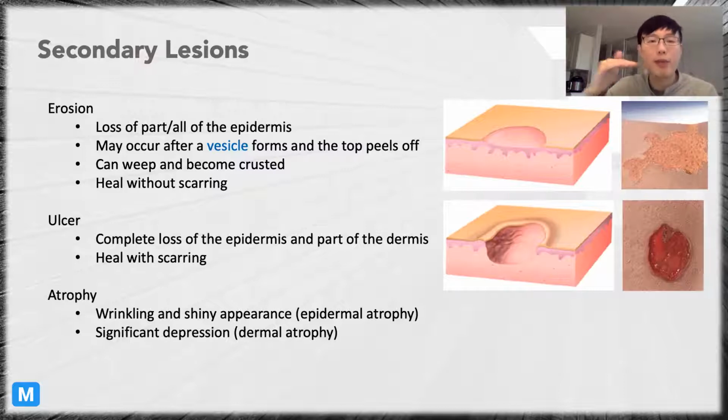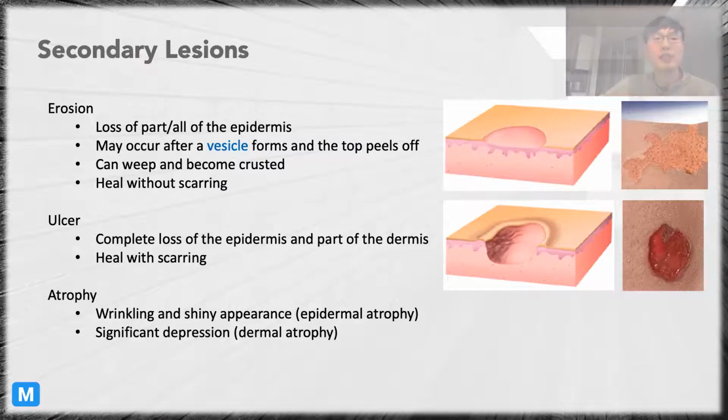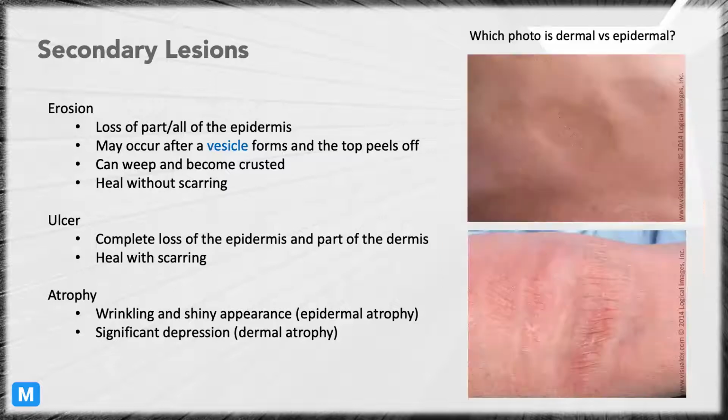When you think of epidermal, you think of wrinkling and shiny appearance. When you think of dermis, you see the depression, because the process is a lot deeper. Look at the two pictures, one on the top and one at the bottom, and ask yourself which one is dermal and which one is epidermal.